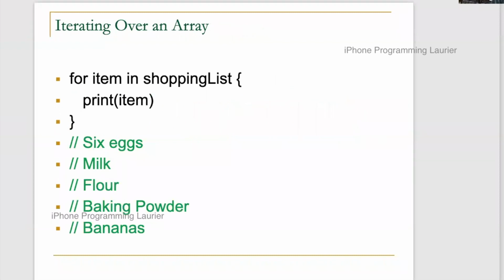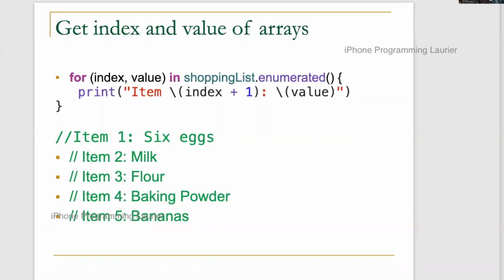You can iterate over an array. So for item in shoppingList, print the item, we'll print out all the items in the array. You can iterate over the index and the value of the array. But when you do that, you have to use the enumerated function, right?